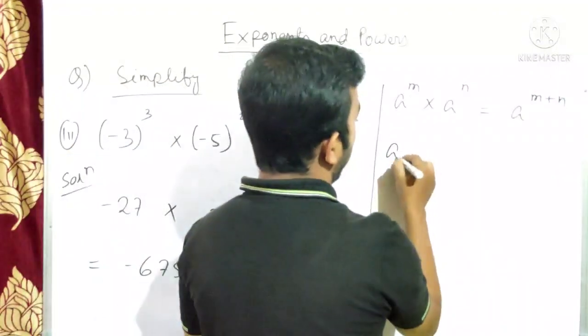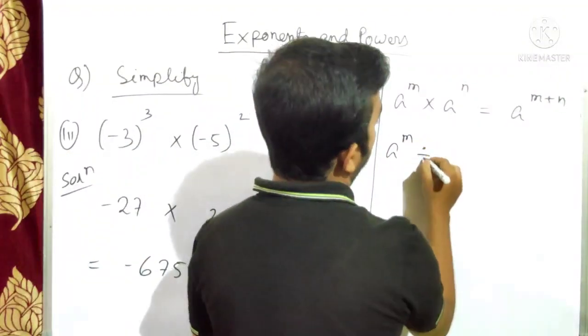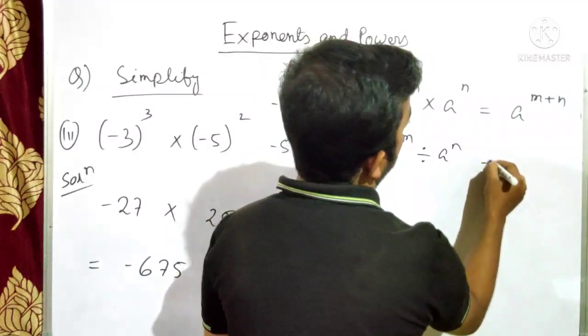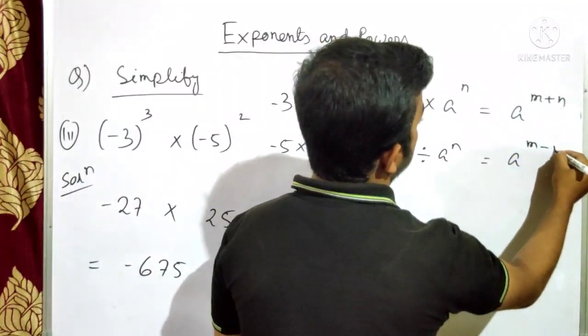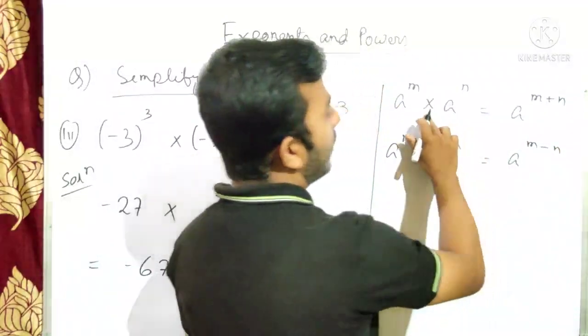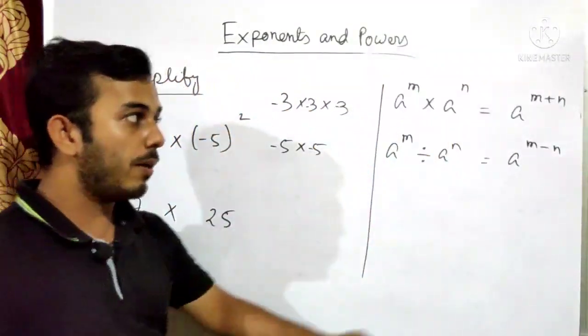So a^m divided by a^n equals a^(m-n). Look, in case of multiply, we have added, isn't it?